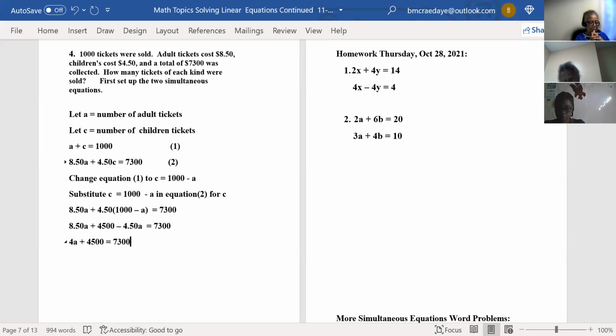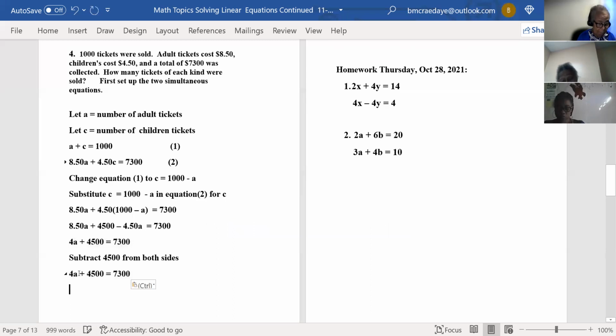How did you combine the constants, the 4,500 and the 7,300? I subtract. That's right. Subtract 4,500 from both sides. So 4,500 subtracted on the left and 4,500 subtracted on the right.